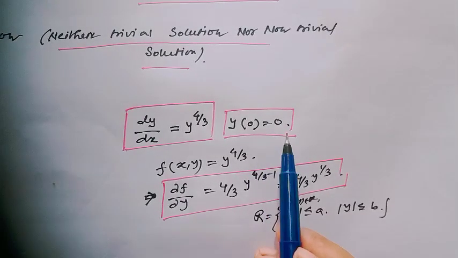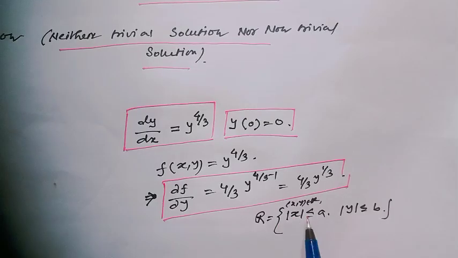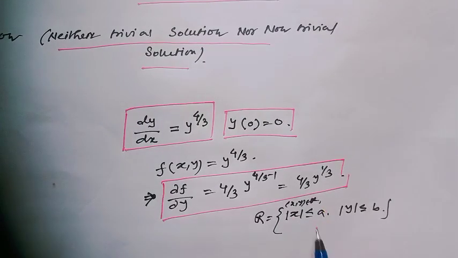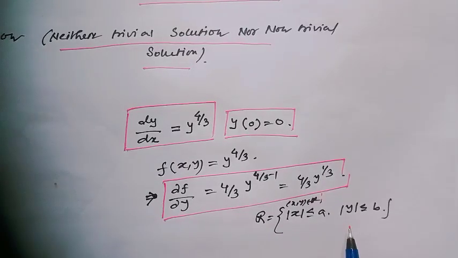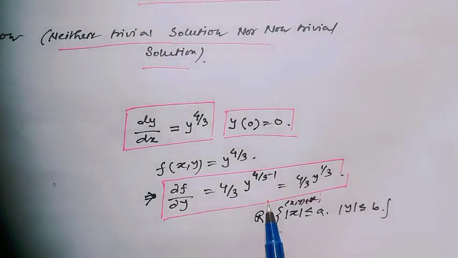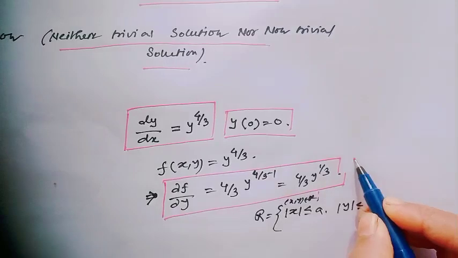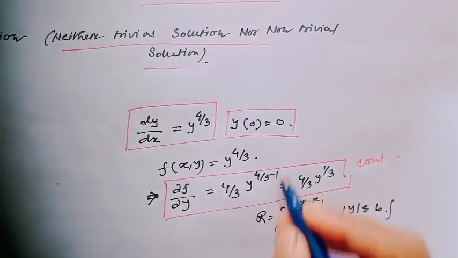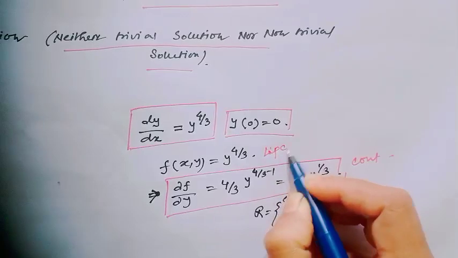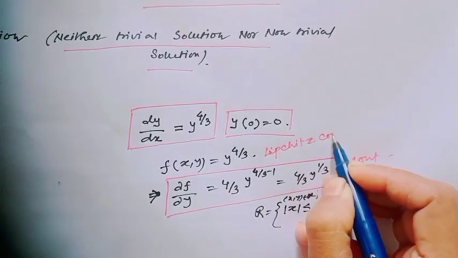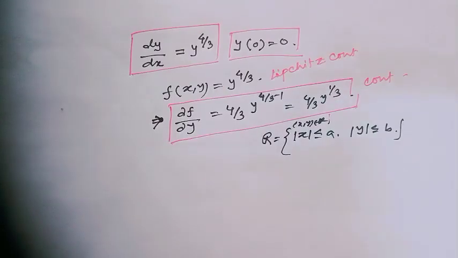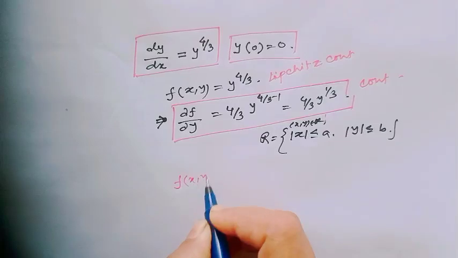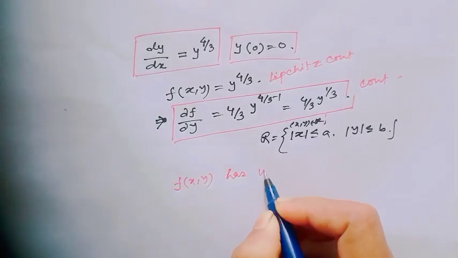Since y(0) equal to 0, the region would be (x,y) belongs to R such that |x| less than or equal to a and |y| less than or equal to b. Notice in this region ∂f/∂y is also a continuous function. That means this function is Lipschitz continuous, so by the existence and uniqueness theorem we can tell the problem has a unique solution.